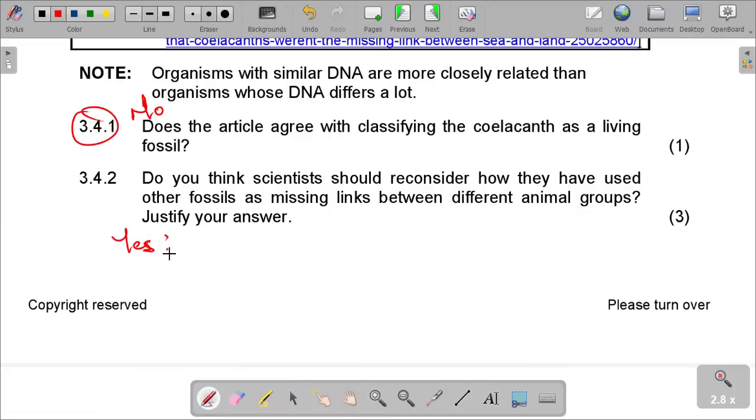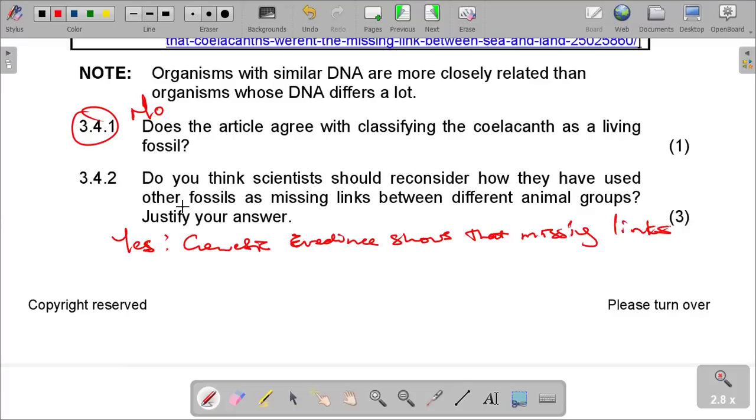The justification is that genetic evidence shows that missing links may not be missing links at all.